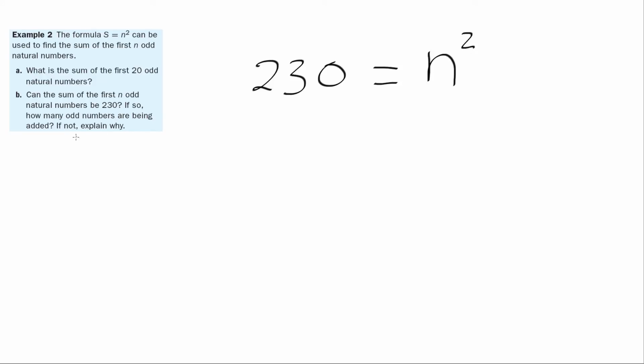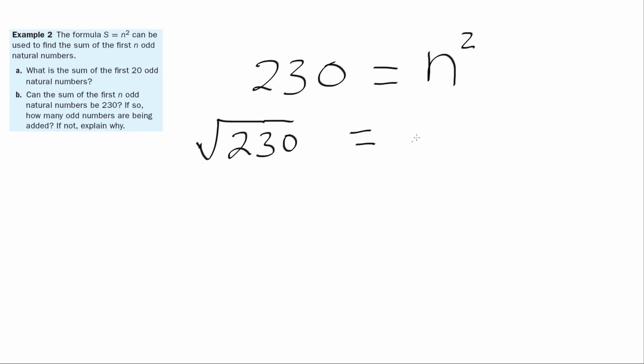So we would need to solve this. We could use the quadratic formula for it, but we don't really need it. We just need the square root of both sides. So the square root of 230 is equal to the square root of n squared.